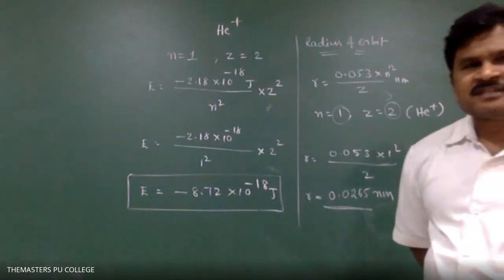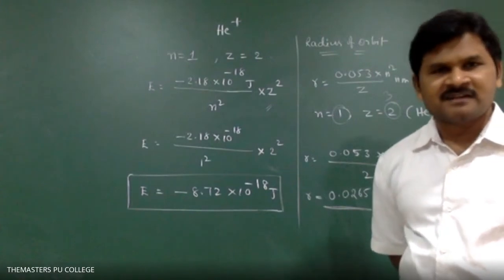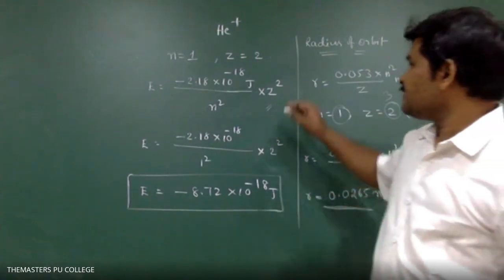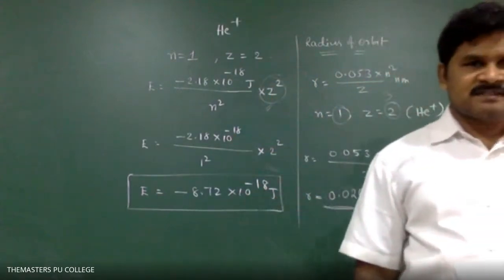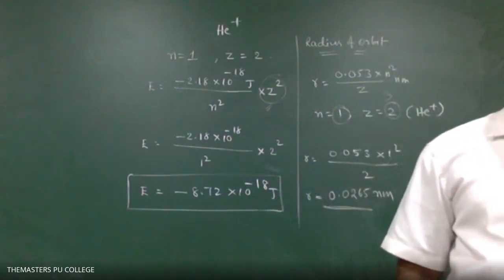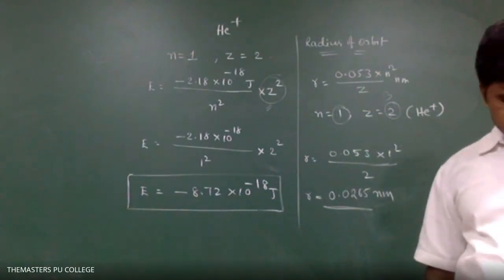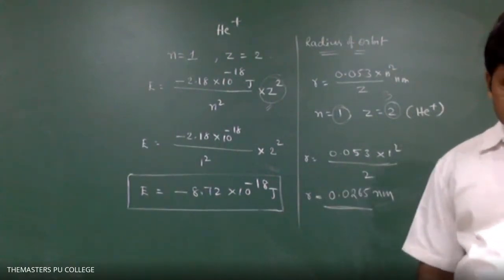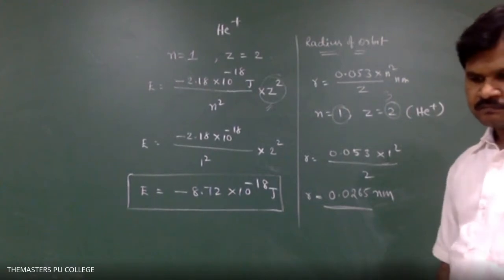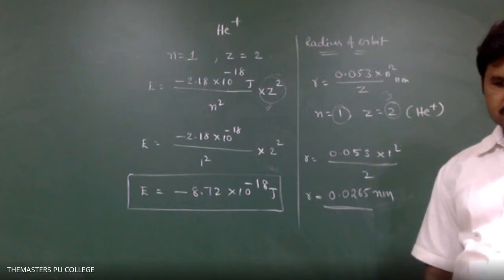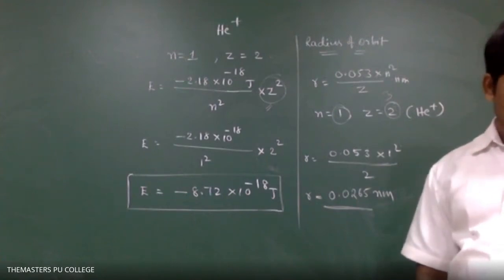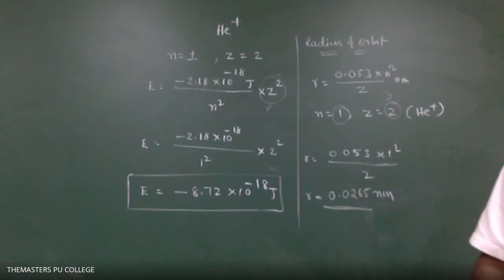Hydrogen means 1 square, which is 1 only, so no need to write Z. Z is only for hydrogen-like species. Please report your answer in scientific notation.